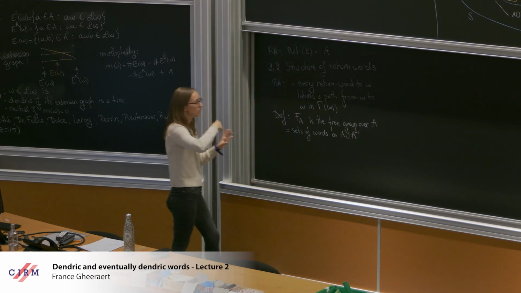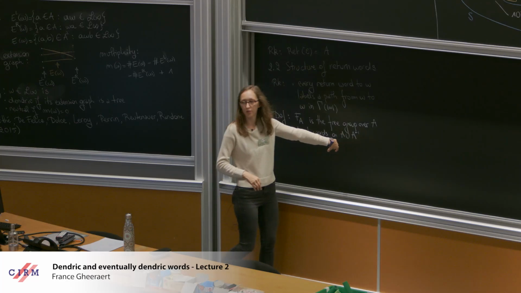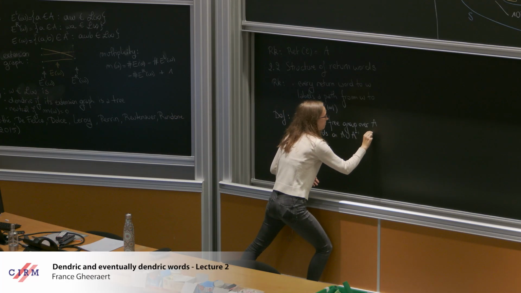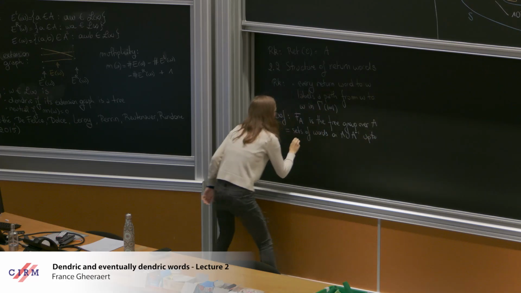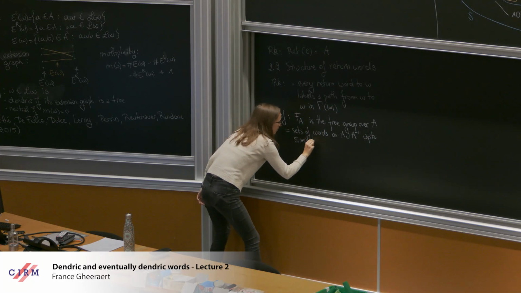So for each letter, you also have an inverse letter. And you can do words on this larger alphabet up to an equivalence relation, so you need to simplify trivial factors.